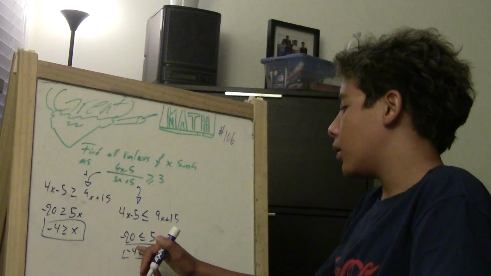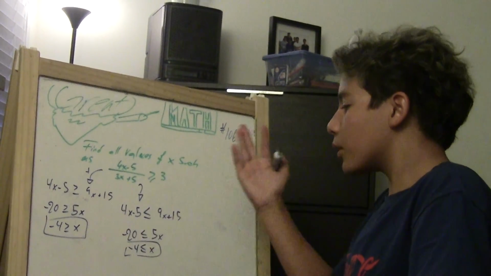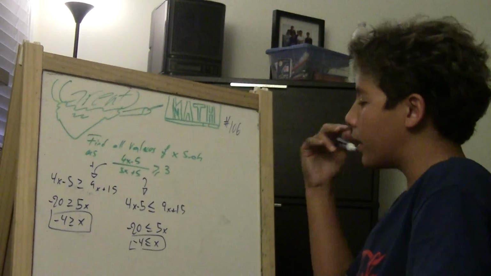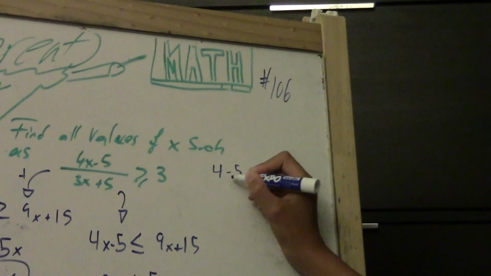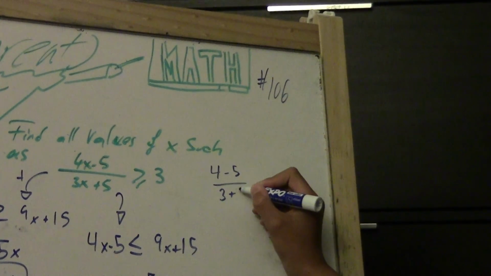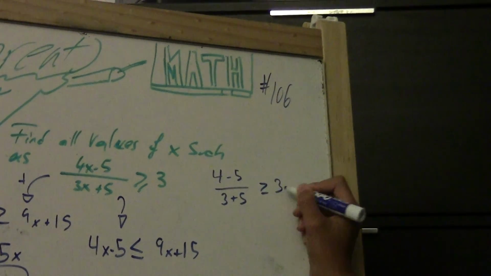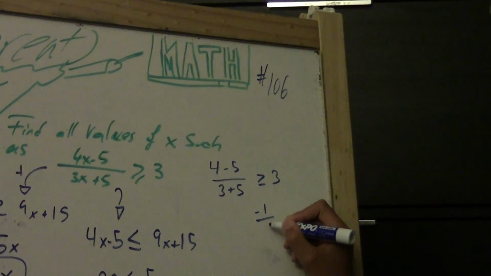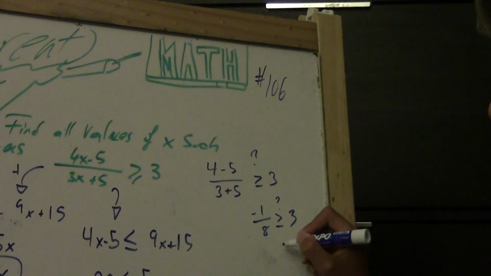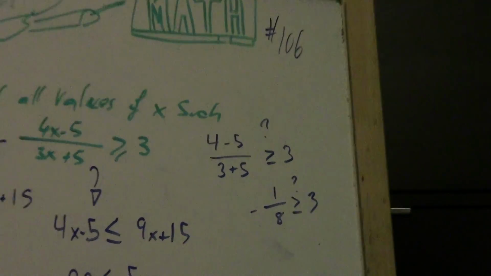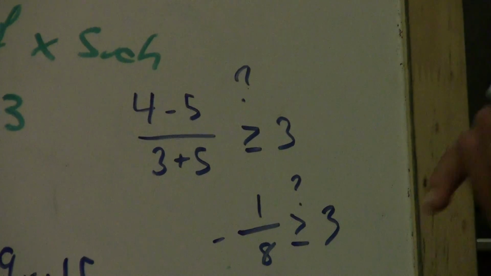We'll try 1 in this inequality because it's greater than negative 4. So, 4 minus 5 divided by 3 plus 5 is greater than or equal to 3. Negative 1 divided by 8 is even a negative number. It's not greater than 3. Okay, something's wrong again.